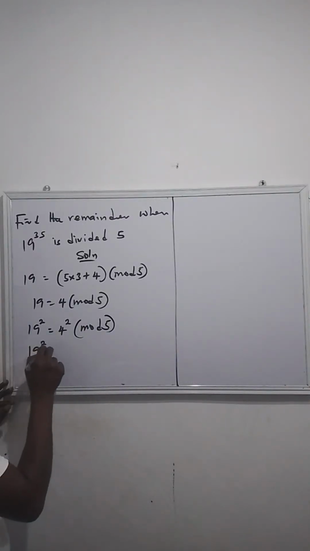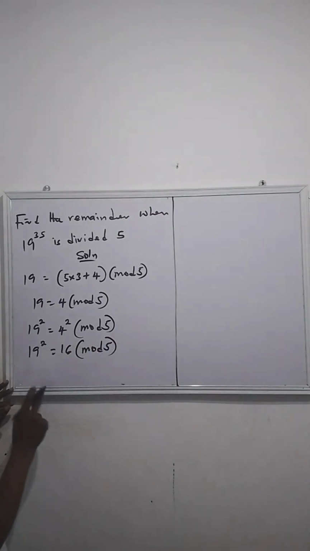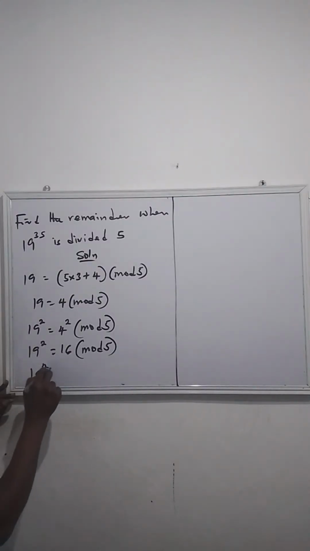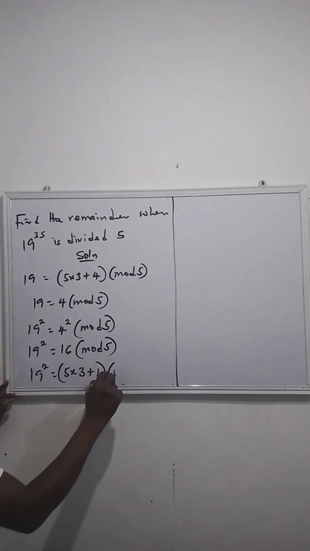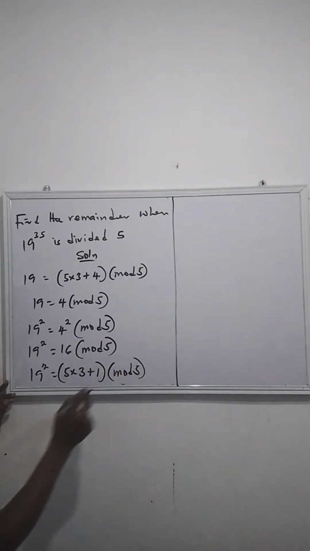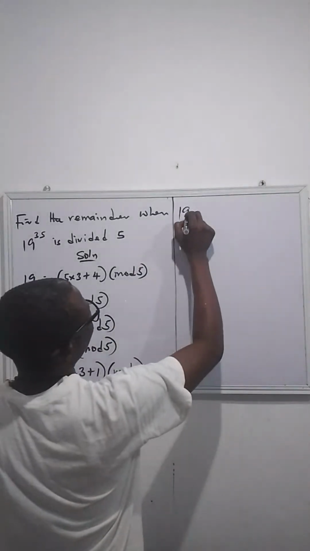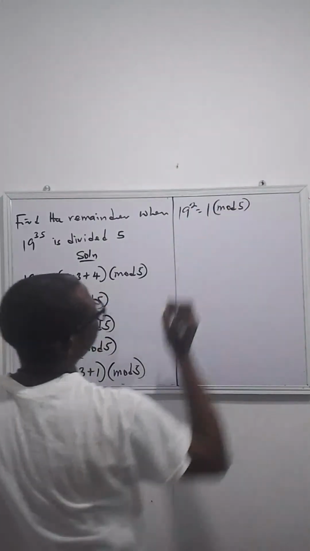So 19 squared equals, this is going to give you 16, 16 mod 5. Do you get that now? So you express 16 in mod 5. You have 19 squared equals 5 times 3 plus 1 in mod 5. So now our objective has been achieved. We have 19 raised to 2 equals 1 mod 5.